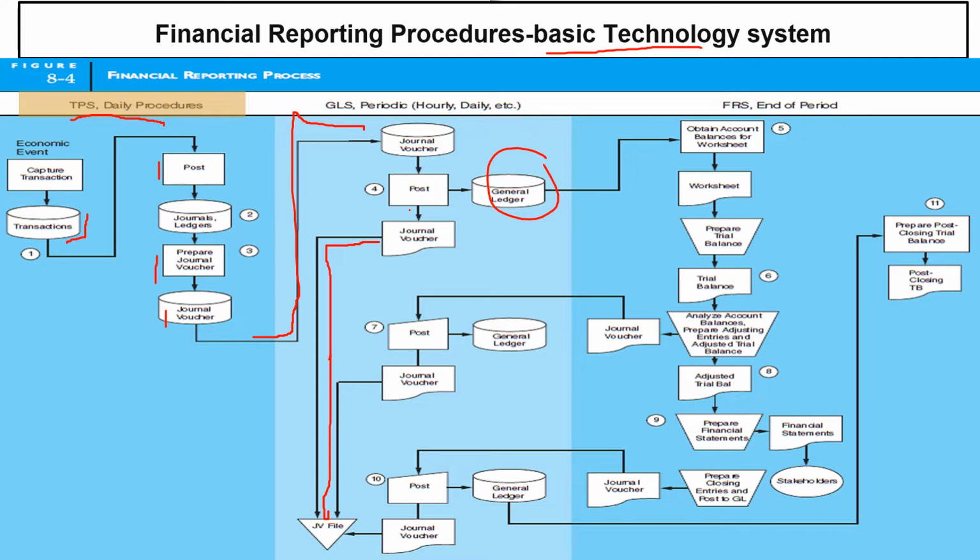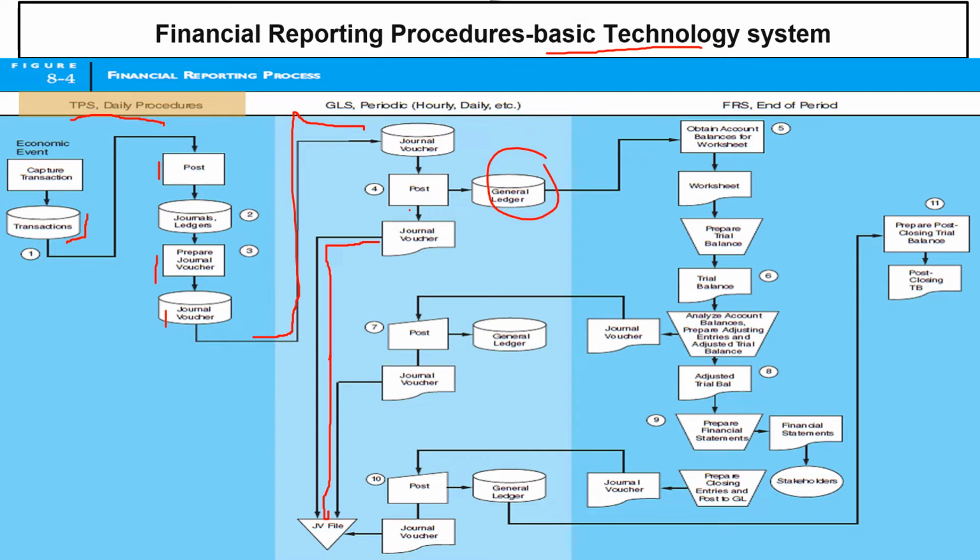This is process number 5, and then we print out the worksheet and manually prepare the trial balance. If we talk about an advanced system, all of this will be an automated process in real time.